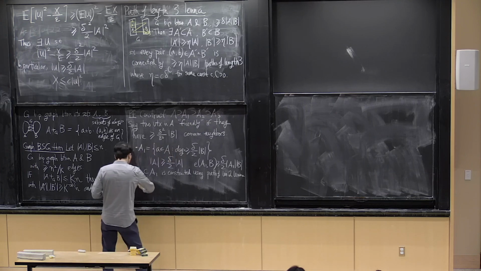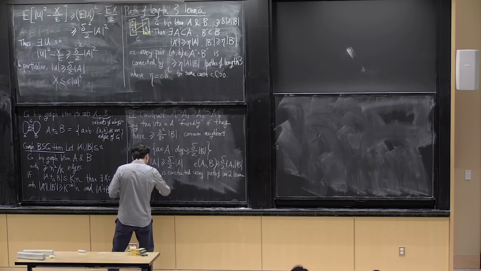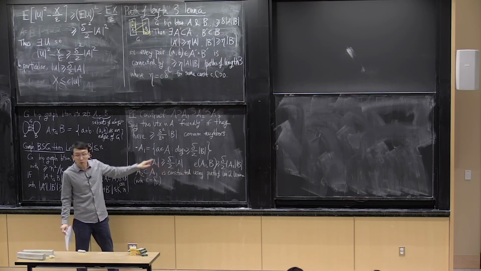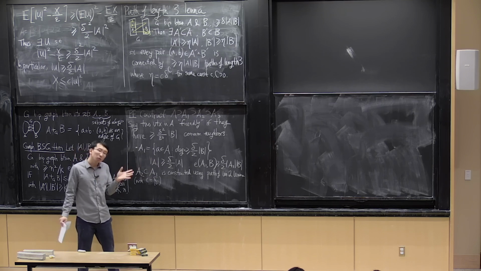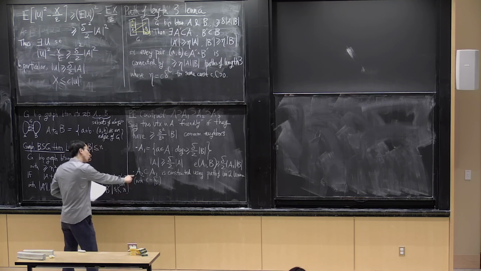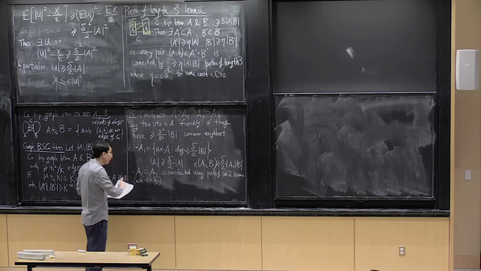Specifically with parameter epsilon being delta over 10. Although remember now the density of the graph went from delta to delta over 2. Again, if you don't care about the specific numbers, they're all polynomials in delta, so don't worry about them. Everything is poly delta. So we're going to apply the path of length 2 lemma to find this subset A2.